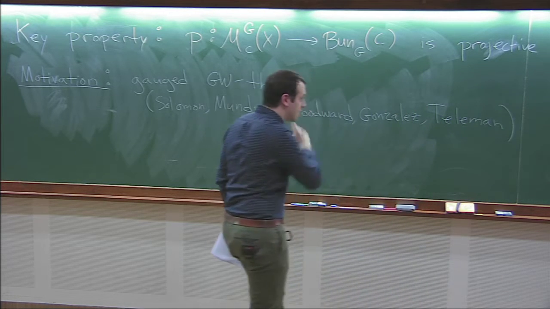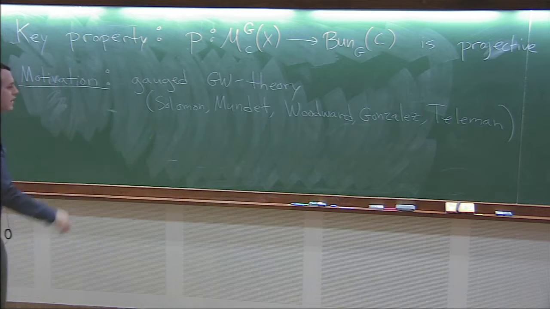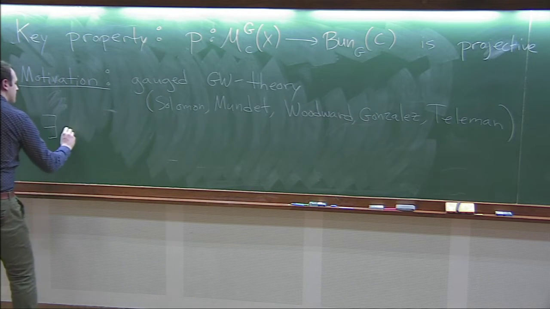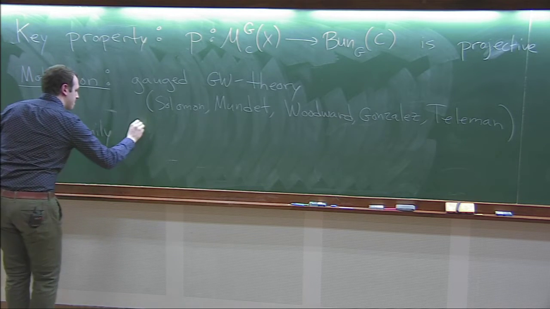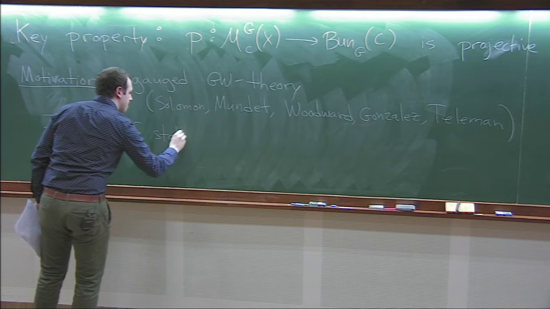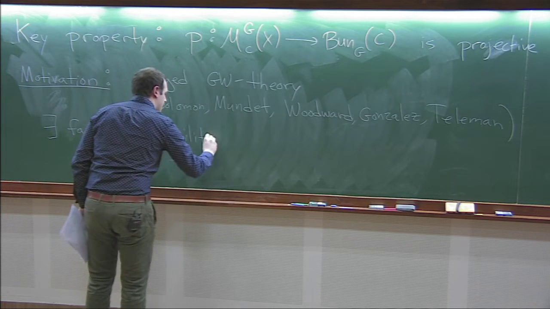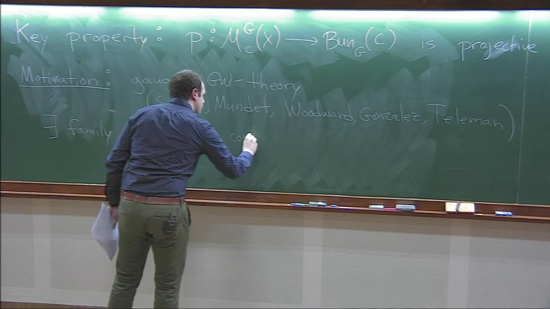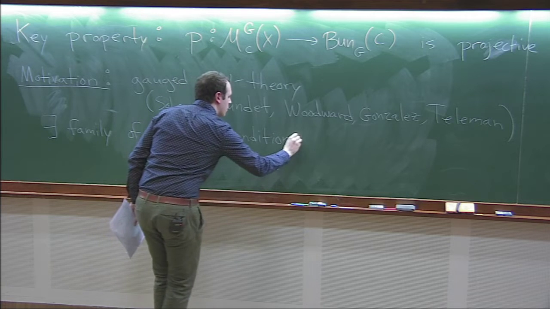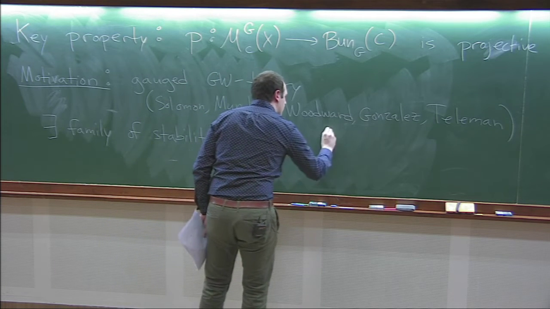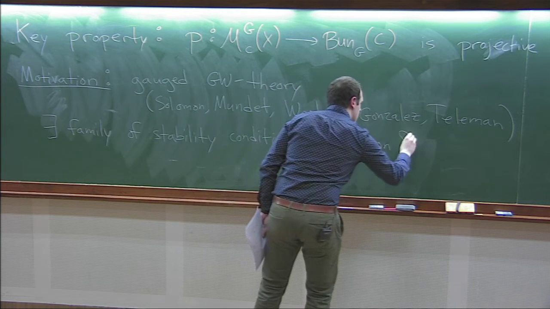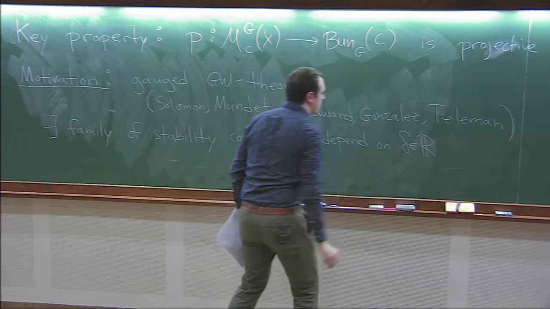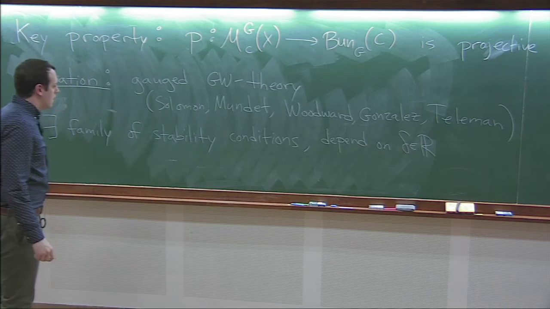Sorry, these names are listed in no particular order. Various people in communities have studied this, but the idea is that there exists a family of stability conditions which depend on a real parameter. And I'm going to define these for you by the middle of the talk.